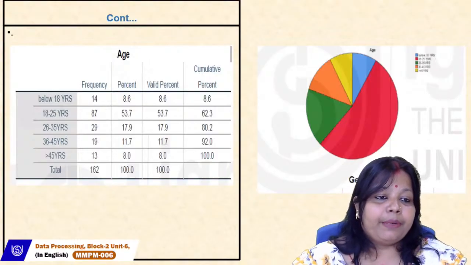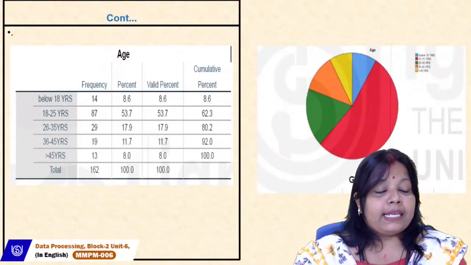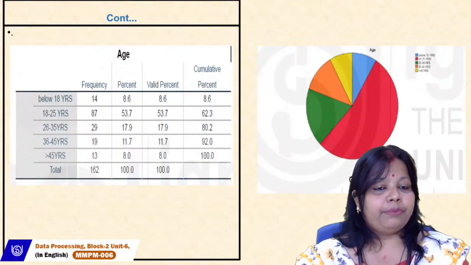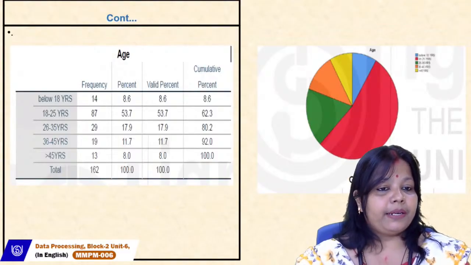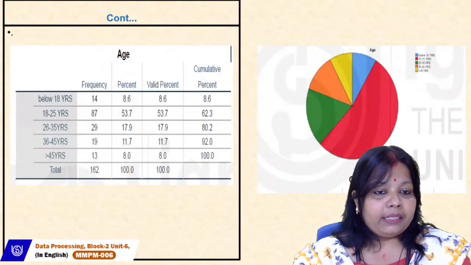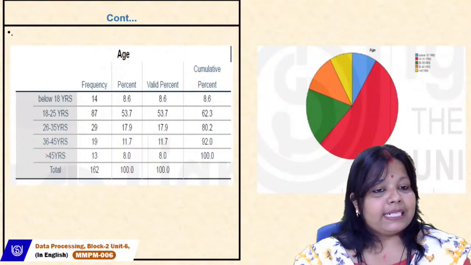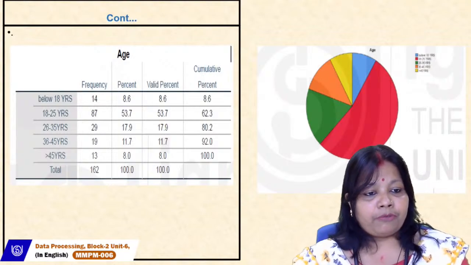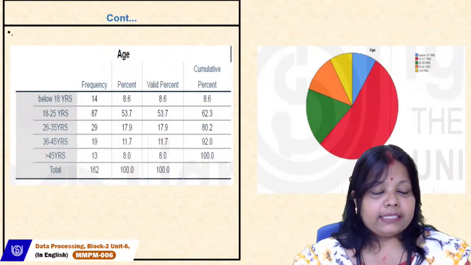Maybe the ages are 18, 19, 20, 23, and a few numbers may be repeated, but the total number of persons in that group in my population is 87 only. Then 26 to 35 years, persons are 29, 36 to 45 persons are 19, then more than 45 it is 13.